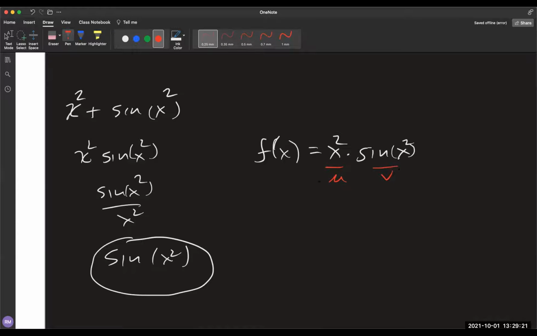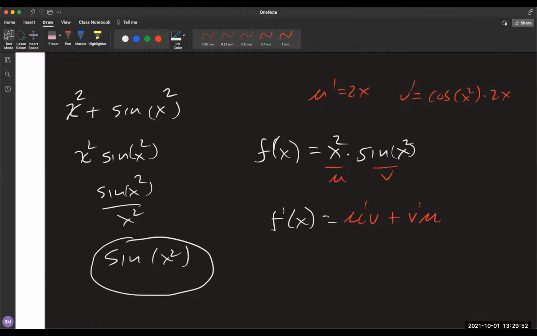We know that f prime, the product rule, is just telling us the order to take the derivatives: u prime v plus v prime u. And then when you ask what is u prime, 2x, and v prime, that's when you're going to use the chain rule, when you're actually taking that derivative. And so that becomes cosine x squared times 2x.